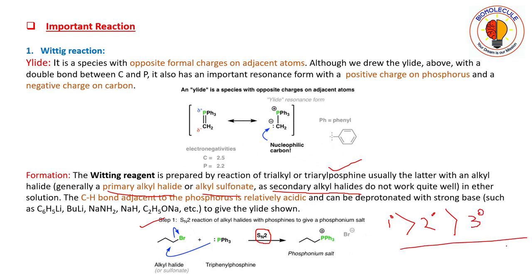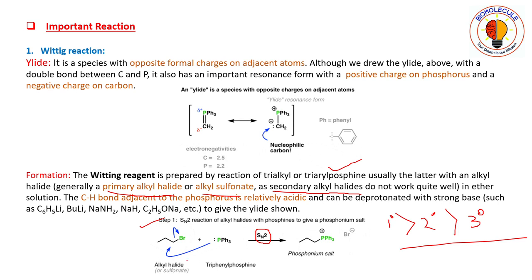Why does this SN2 reaction follow this kind of order? It is simply because of the steric factor. The more crowded the electrophilic center carbon, the less tendency it will have towards SN2 reaction.